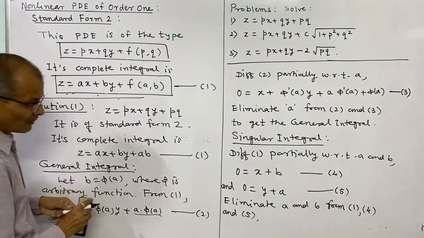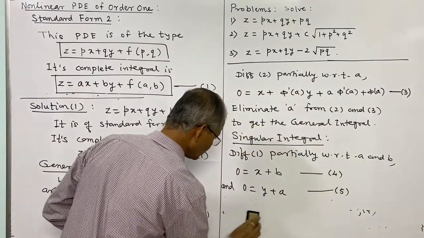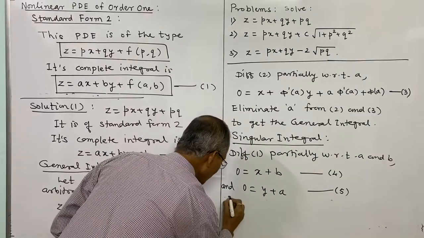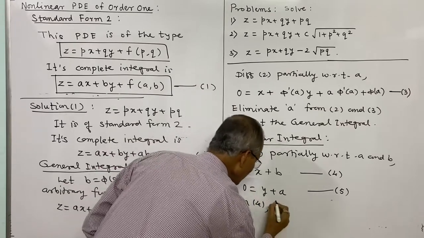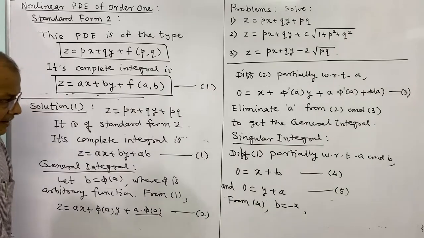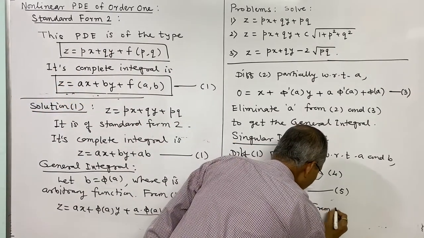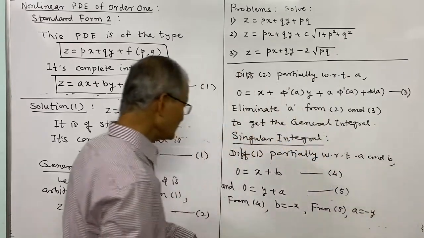So what is the value of a and b? From 4, what is b? b is equal to negative x. And from 5, a is equal to negative y.